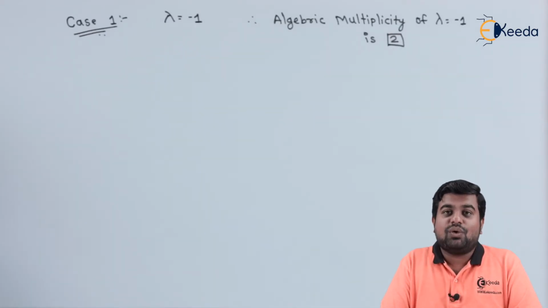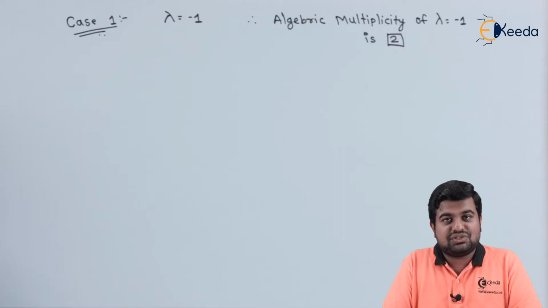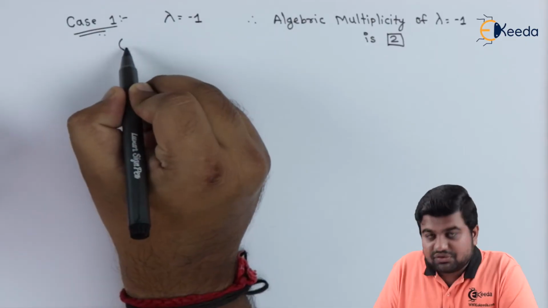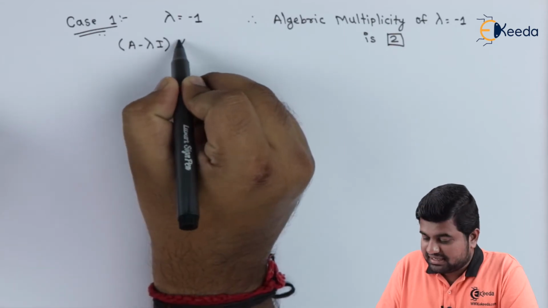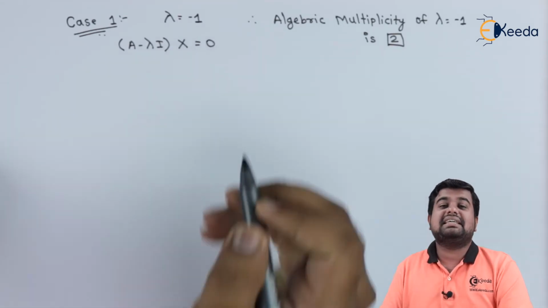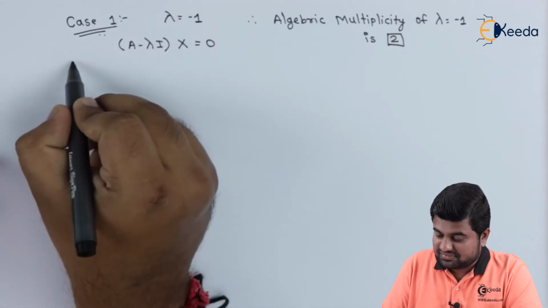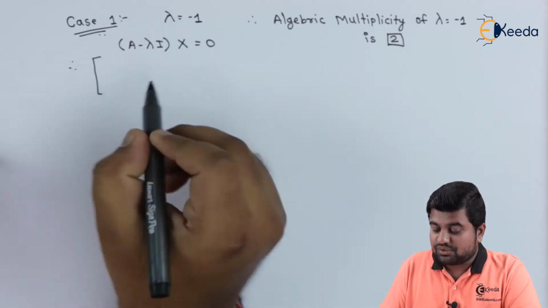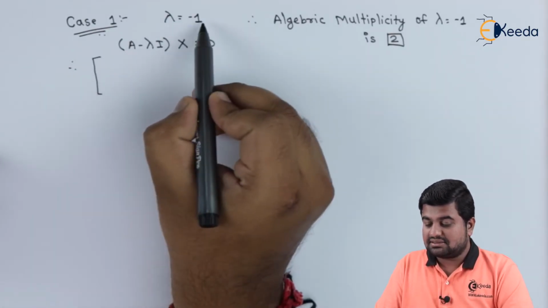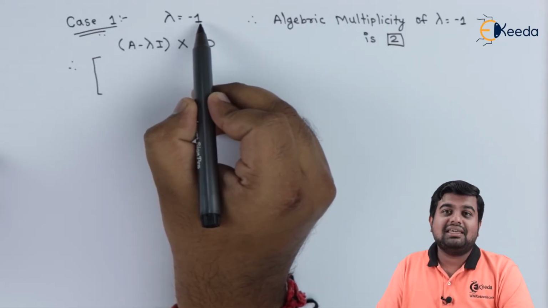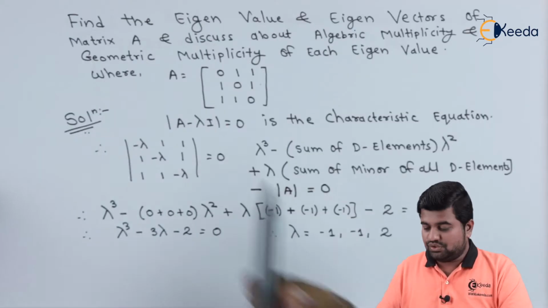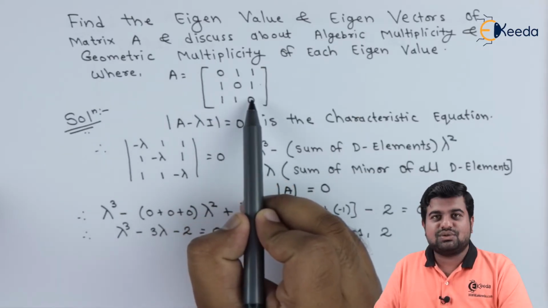So let us find out what is the eigenvector which we are going to obtain. Therefore, (A minus lambda I) into x is equal to 0. It is the characteristic equation. Therefore, we are going to subtract lambda into I, which is minus 1, from all the diagonal elements. We know all the diagonal elements are 0, 0, 0.